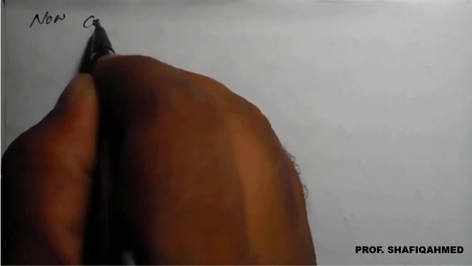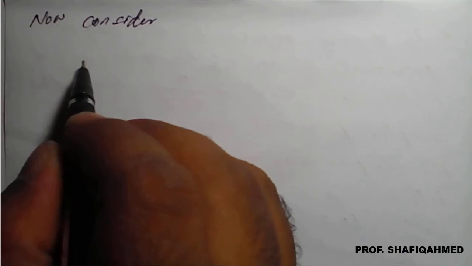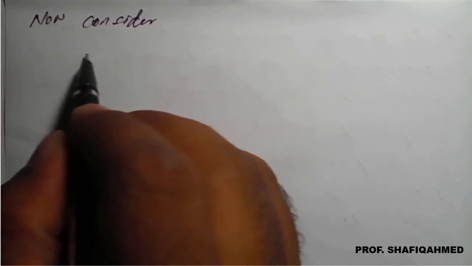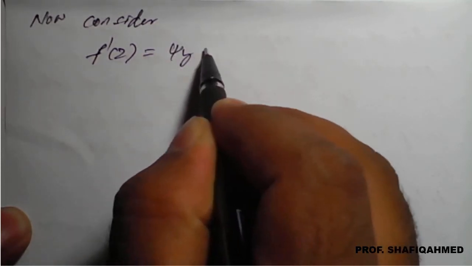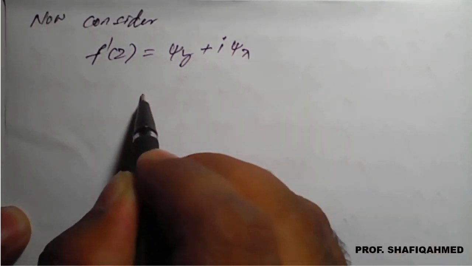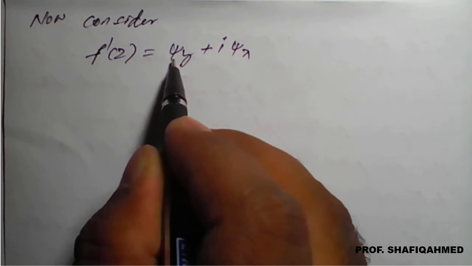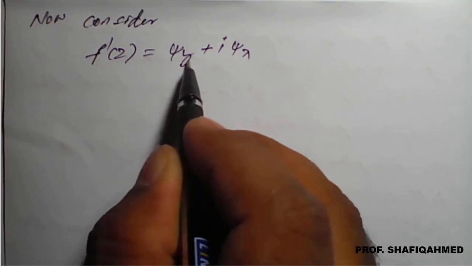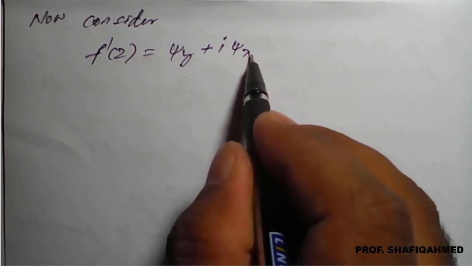Now consider f dash of z is equal to psi of y plus i times psi of x. So we know psi of y, just now we have taken that derivative, as well as psi of x.